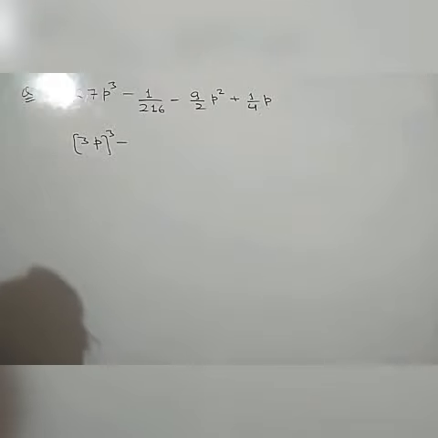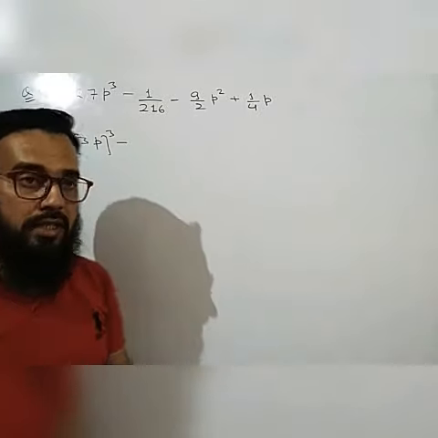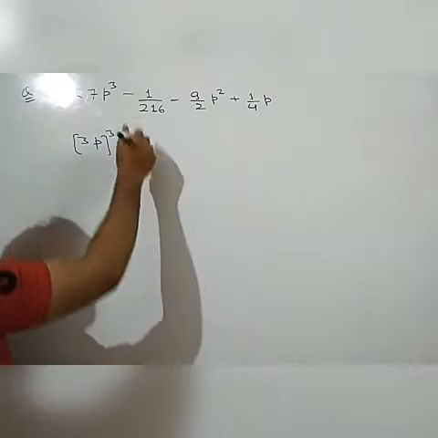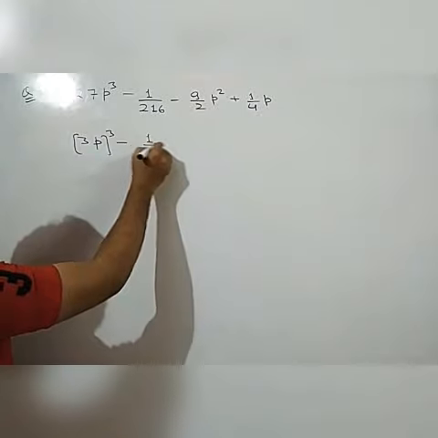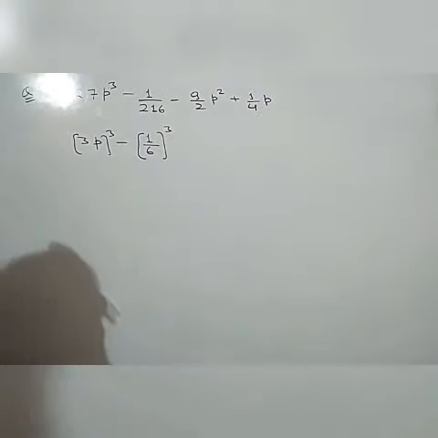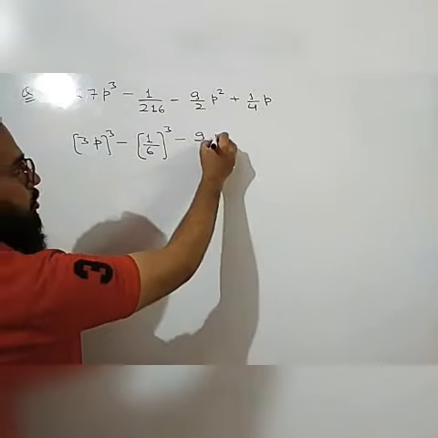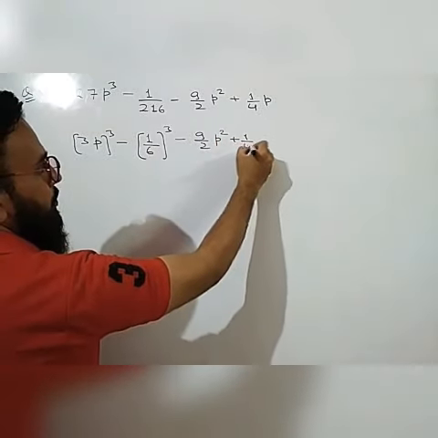We know that the cube root of 216 is 6, or the cube of 6 is 216. It means we can write it as minus 1 upon 6 whole cube. And the third term is minus 9 by 2 p square plus 1 upon 4p.